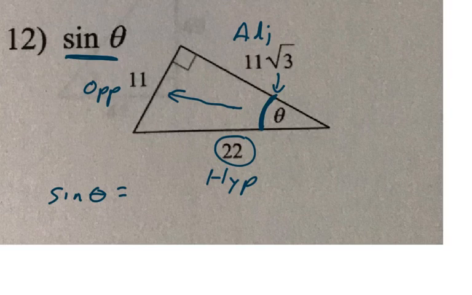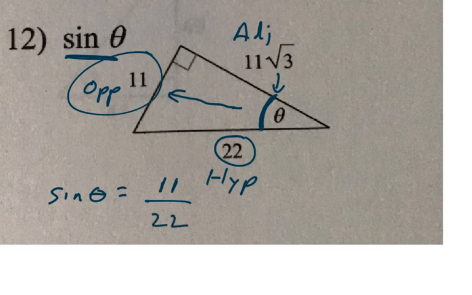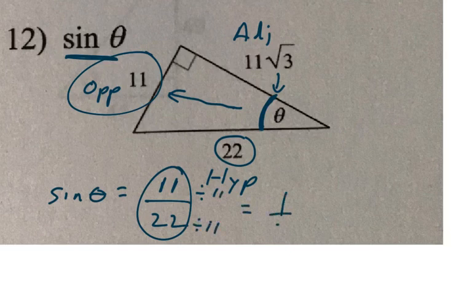And now we can do the sine of theta. The sine of theta, again, is the opposite, which is 11, over the hypotenuse, which is 22. Again, let's reduce this. I'm going to divide by 11. Top and bottom, 1/2. So the sine of theta, I know, is 1/2.